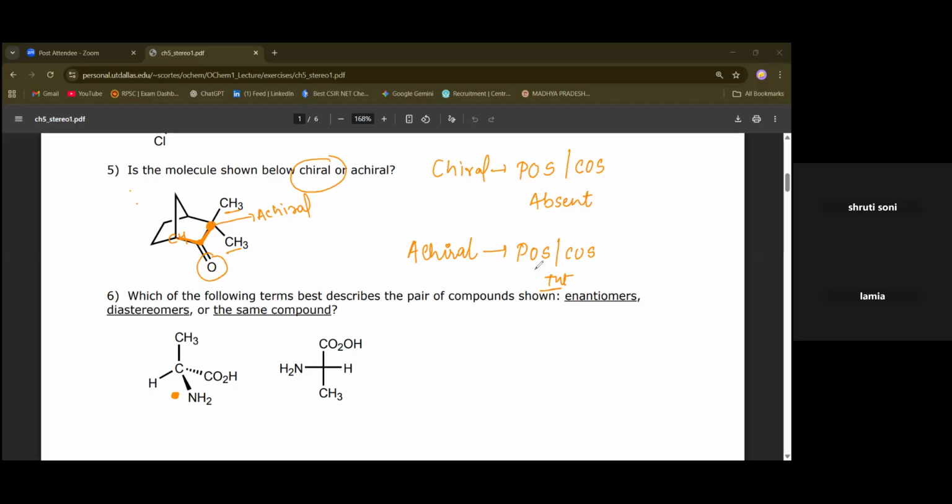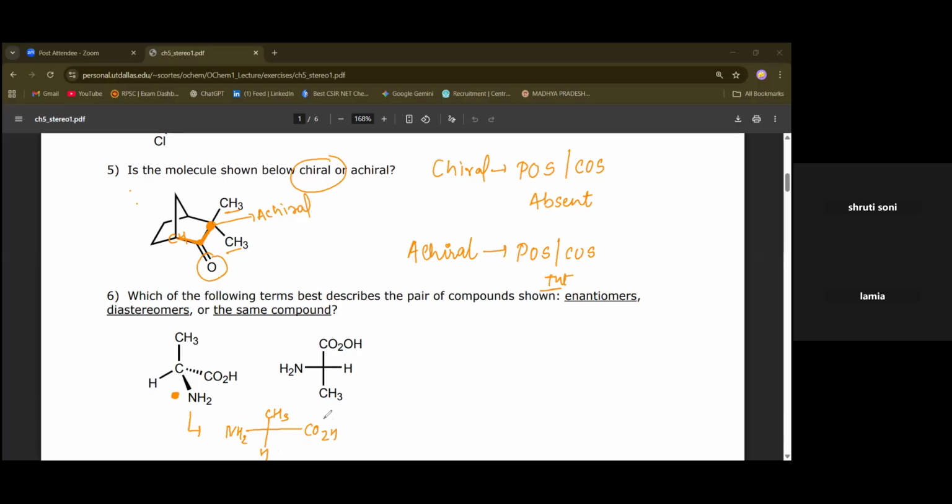Tell me, on the left hand side, which group will come? NH2. And right hand side? CO2H. Very good. And upper side? CH3. And here is hydrogen. So now, are they similar? Are they showing similar sort of things?